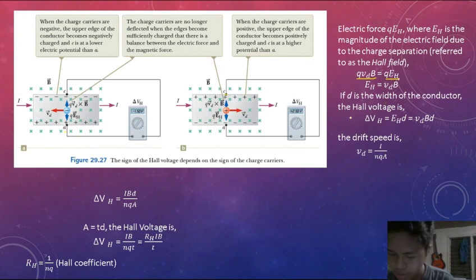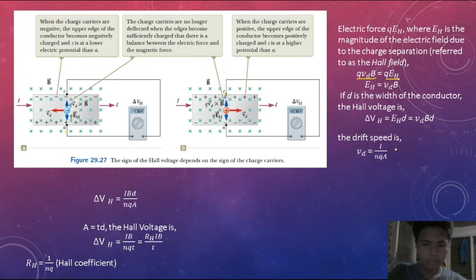So if d is the width of the conductor, the Hall voltage equals EHd, which is also equal to vdBd.